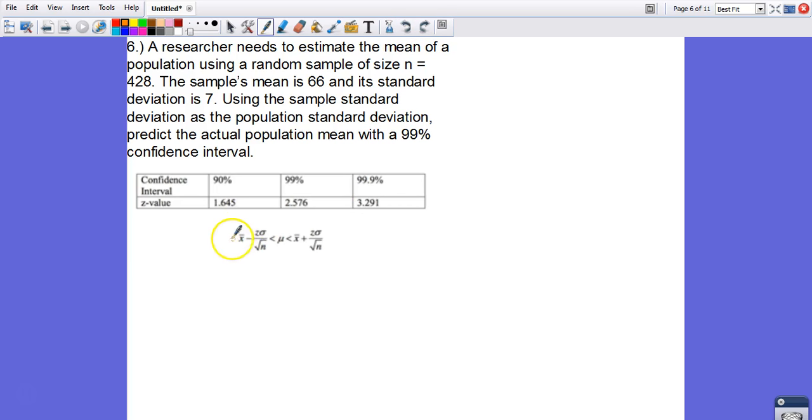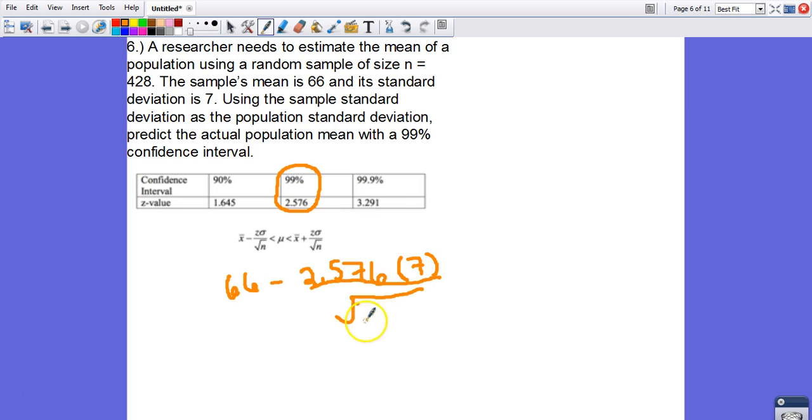But x bar, that's going to be the mean we have, which is 66 minus, and we want a z value of 99%. So that's what we're going to put here, 2.576 times our standard deviation, which is 7, all over the square root of n, which is how many people were in the sample. And that was 428.